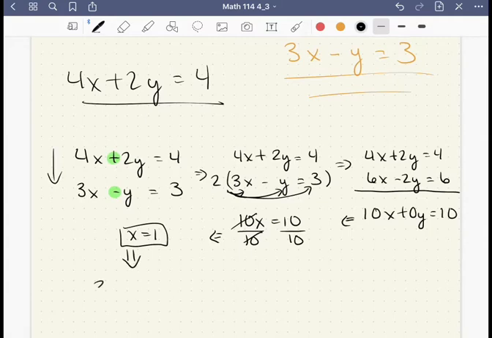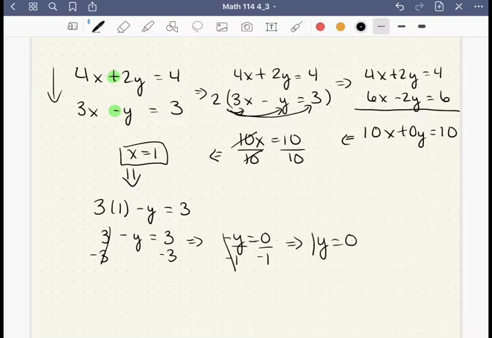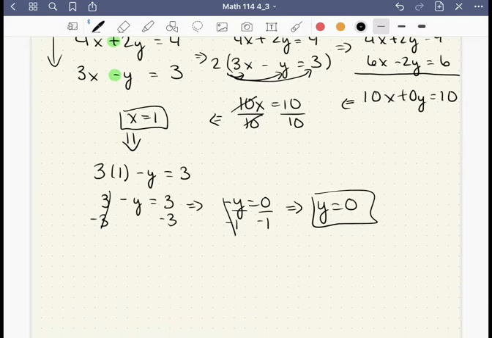I know the value of x is 1, so I have 3 minus y equals 3. Subtract 3 from both sides. So now I have negative y equals 0. Divide by negative 1. So y equals 0. So the solution for this system of equations is (1, 0).